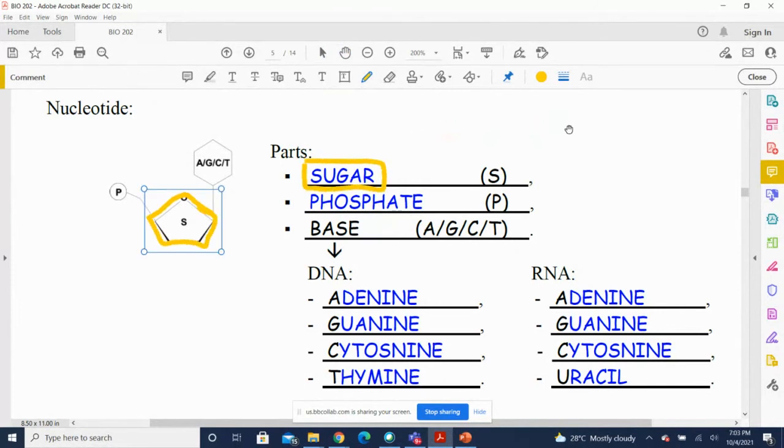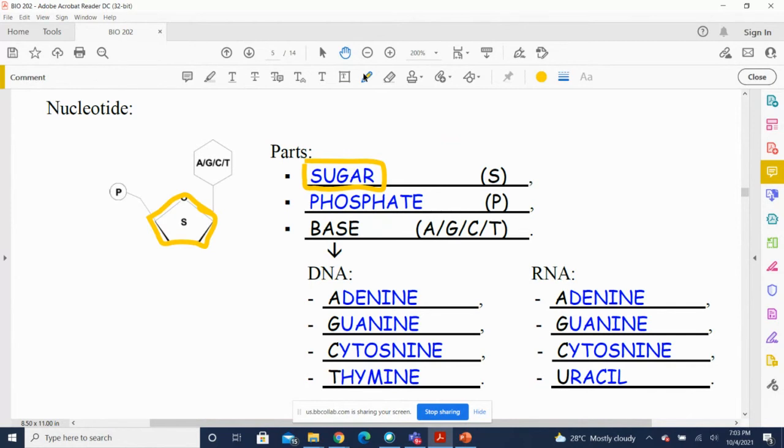And within that sugar, we have attached as well a phosphate group. And you will always find the sugar and phosphate in every type of nucleotide. It doesn't matter what nucleotide it is, it always is going to have a sugar and phosphate.